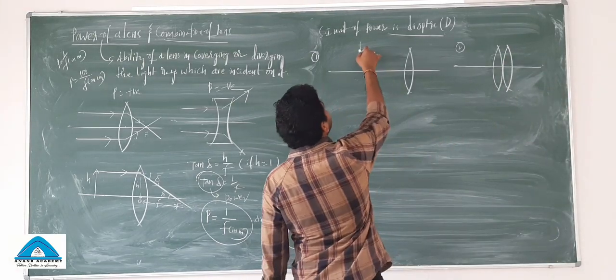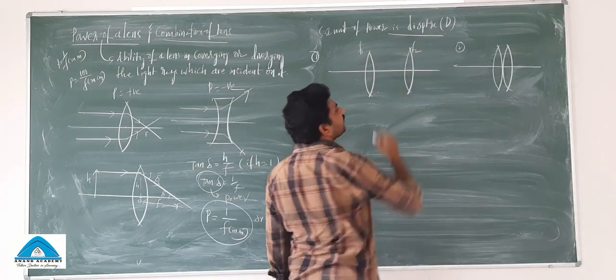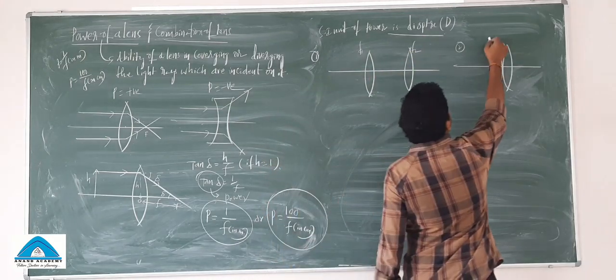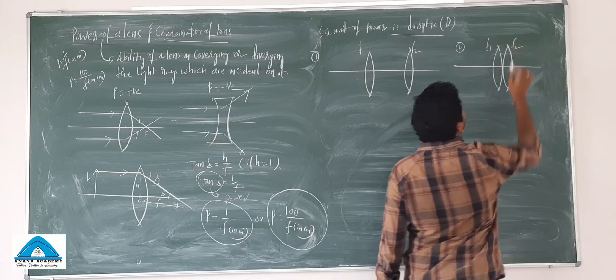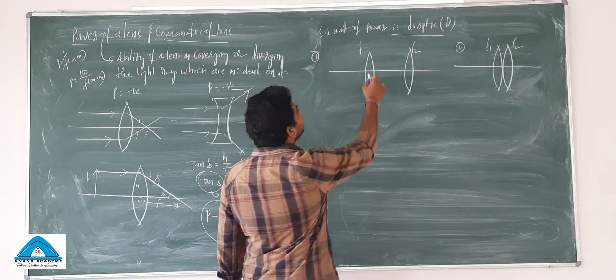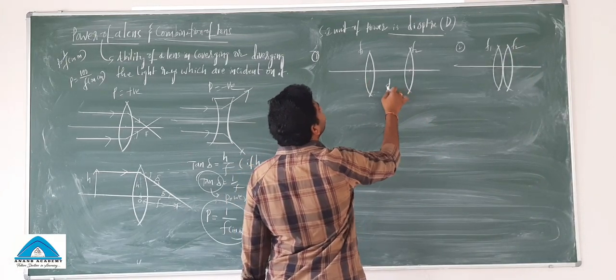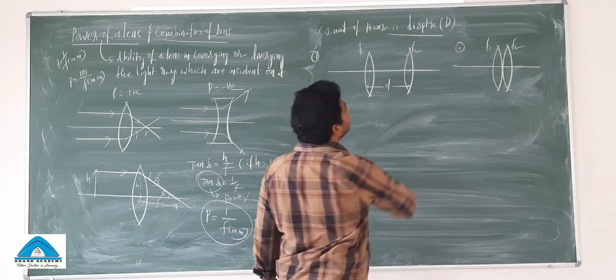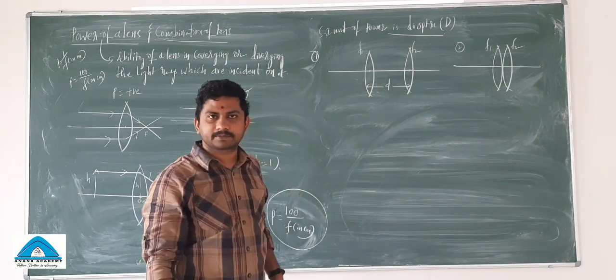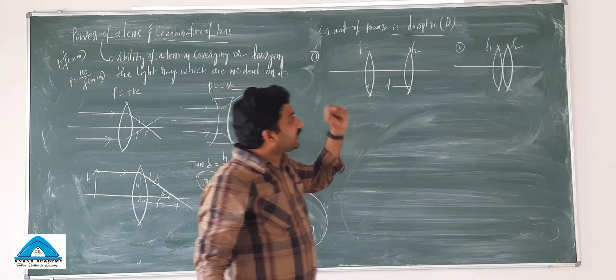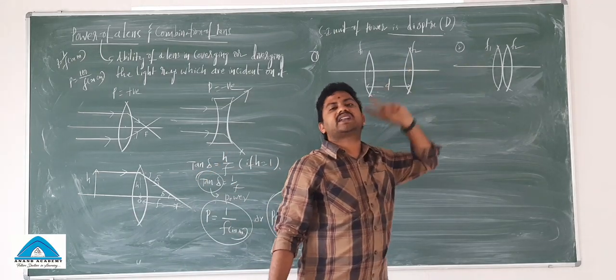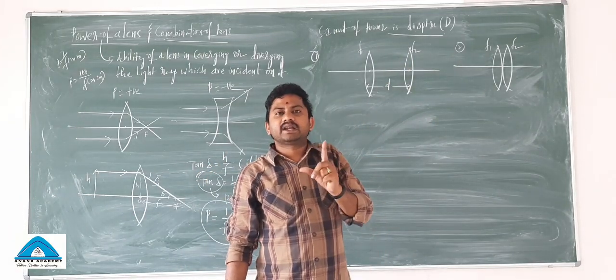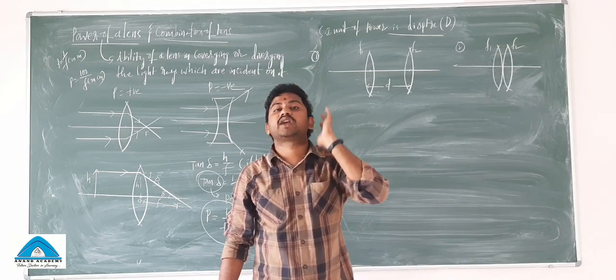This lens is having focal length f1 and this lens will be having focal length f2. The distance between the two lenses is d. Here there is no distance. So there are two focal lengths where you can find the effective focal length.